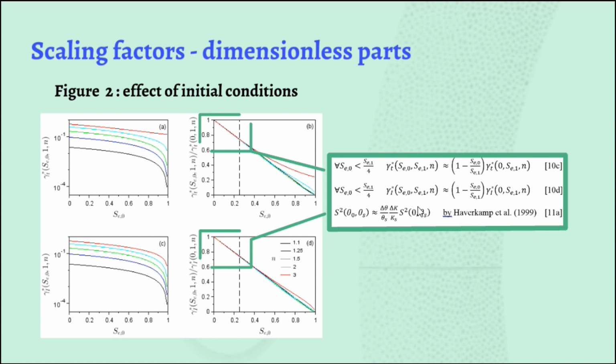Indeed, if you know the initial saturation degree and you know that it's not that large, you can apply this approximation. Then you can approximate your scaling factor with just a linear function that you multiply by the scaling factors that correspond to a very dry initial state and the final saturation degree Se1.